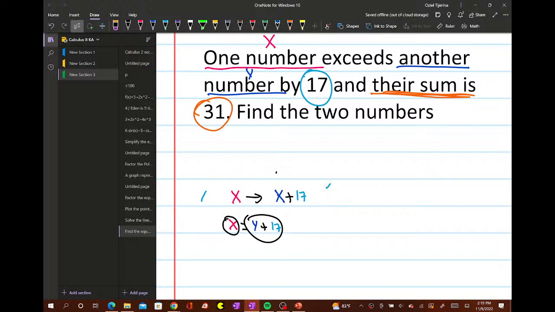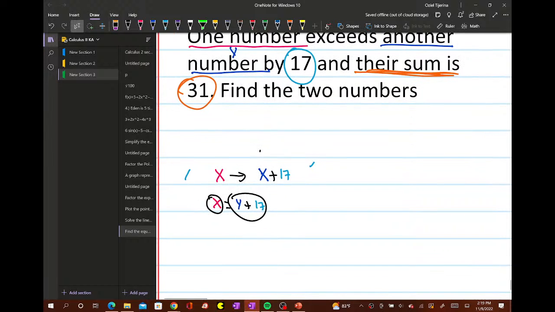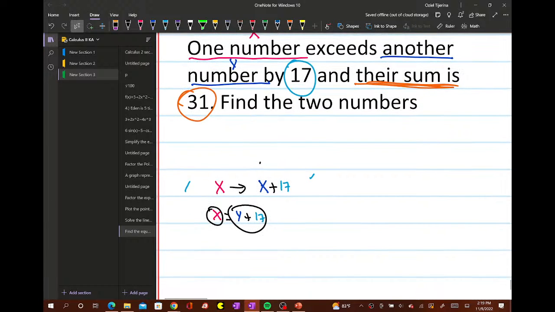And we know that those two numbers, x and y, because the other number is y, so x plus y is equal to 31, right?